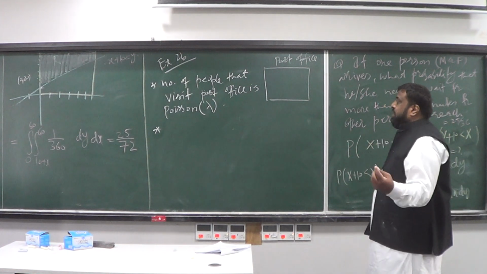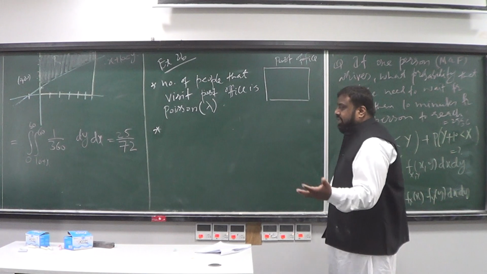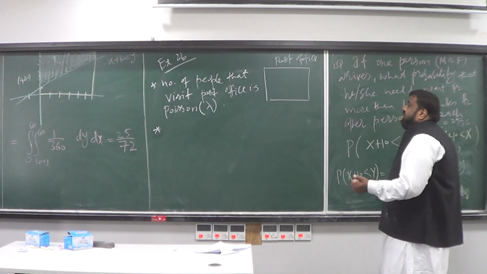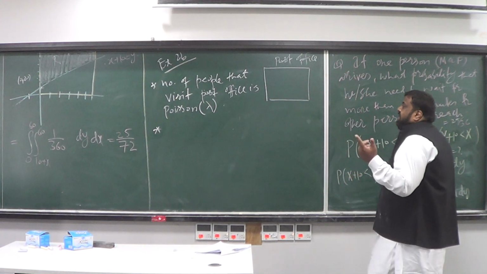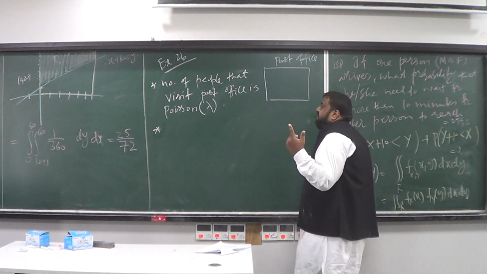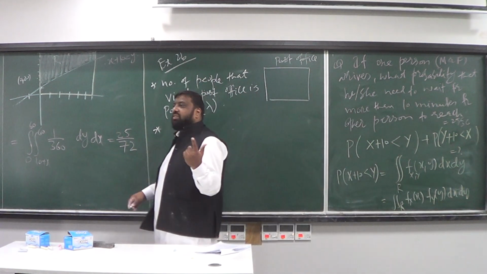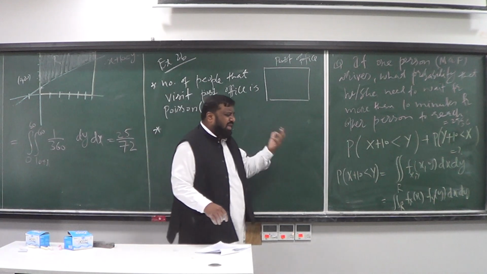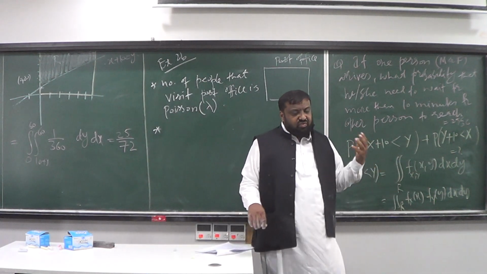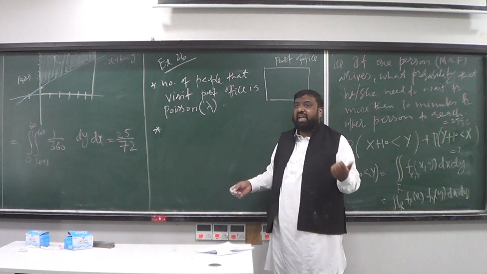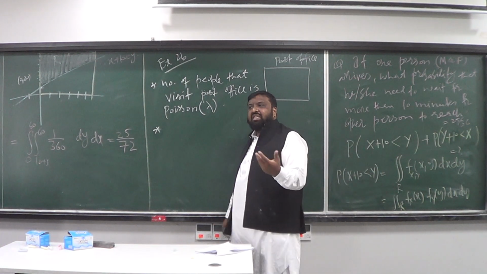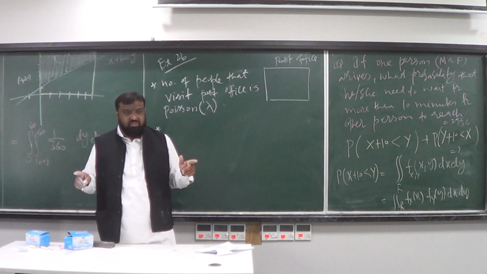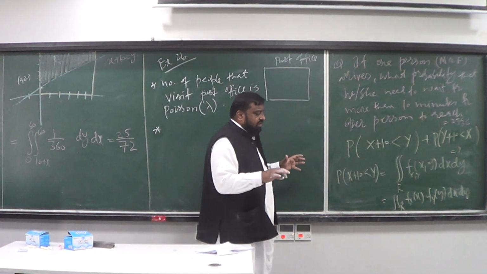The people can be categorized into the two basic genders: either male or female. If we assume that the number of females and the number of males that visit the post office in a given day are also Poisson random variables, then these two Poisson random variables must be independent of each other. So what is the problem that we would like to tackle?